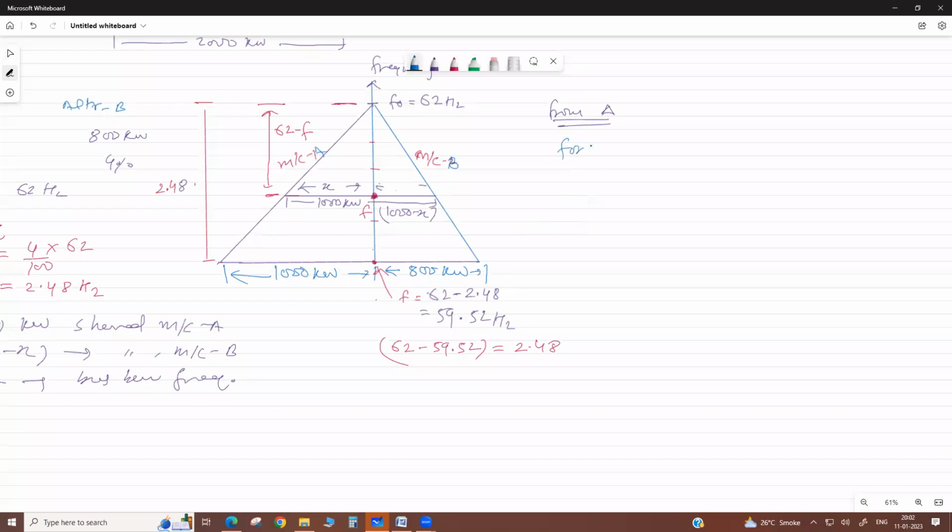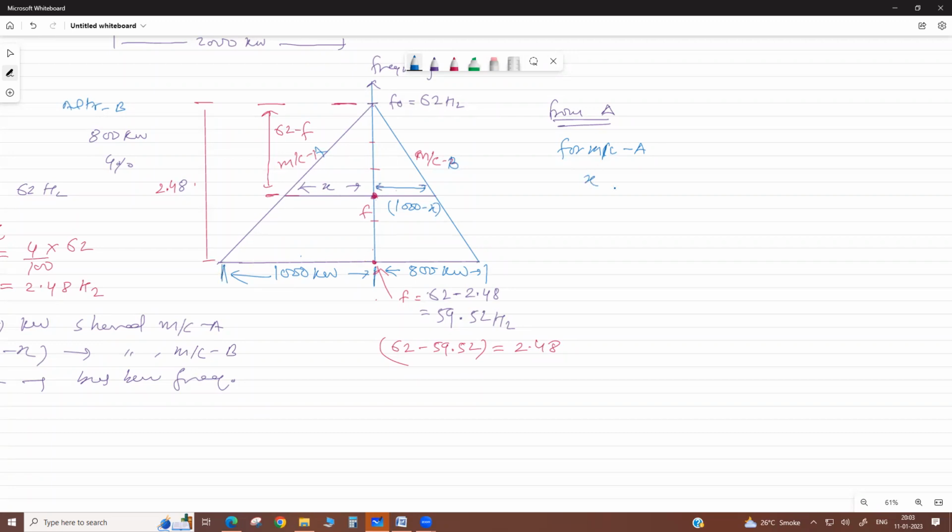for machine A. What we see, small triangle to big triangle: total load is 1000, and this part from here to here is 1000 minus X. Okay, so now this is X, this is 1000 here to here, and this height, base of large.